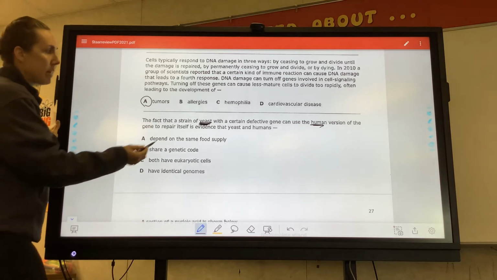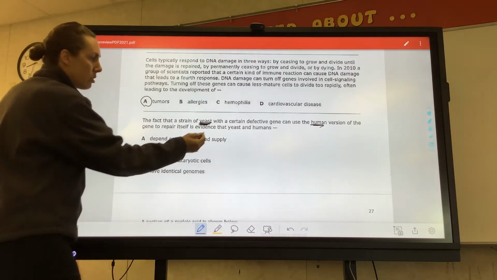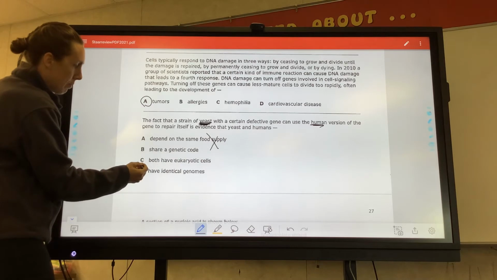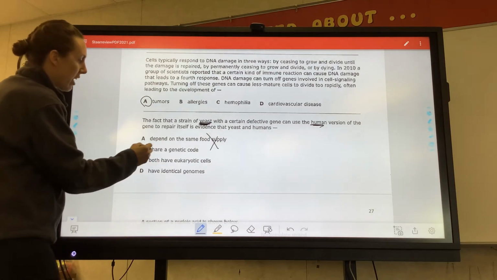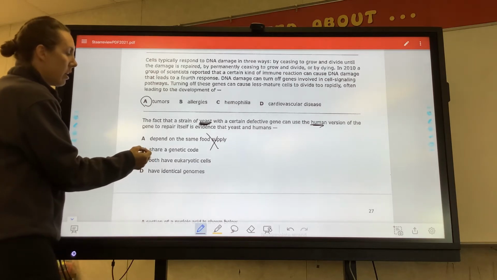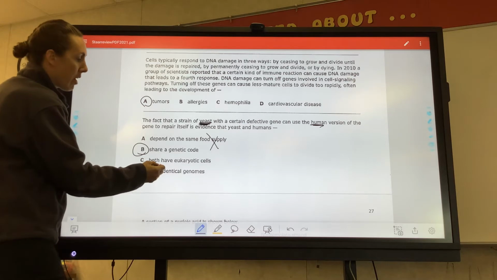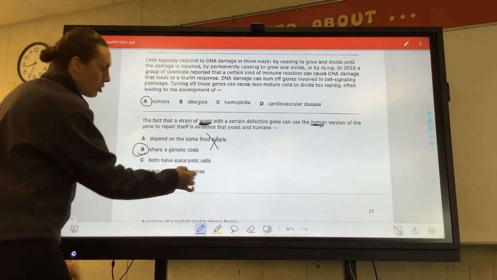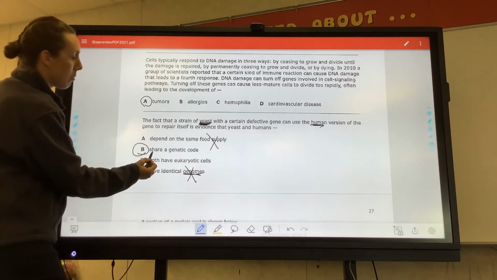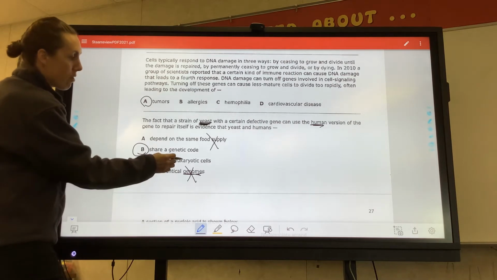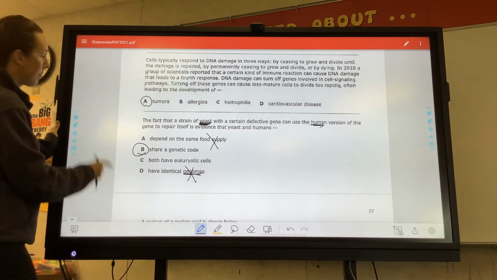So it's not because yeast and humans have the same food supply. They do share a genetic code. I wish it would have been for that particular gene because they don't have identical genomes. They don't have identical whole genomes, but they do have a small similar code. And they're not both eukaryotic.